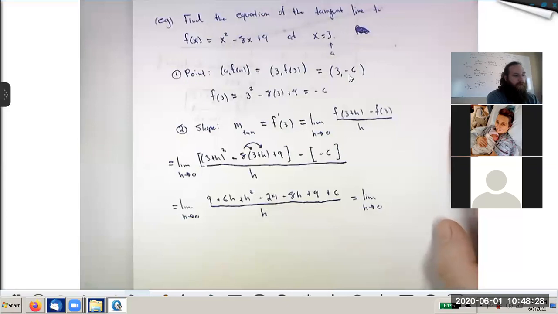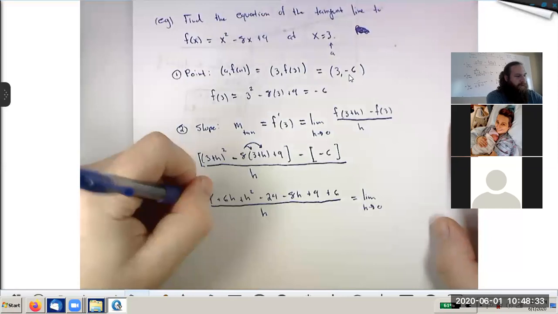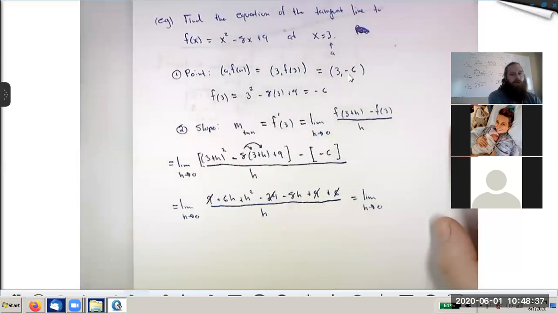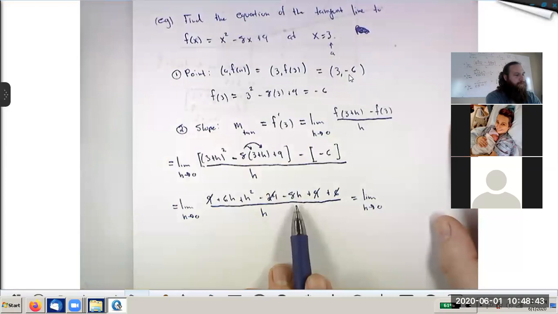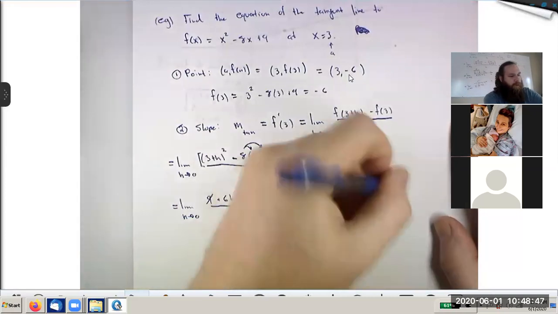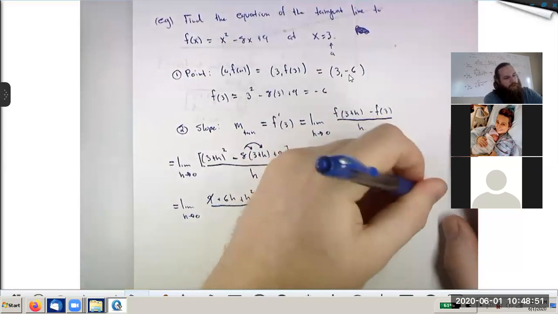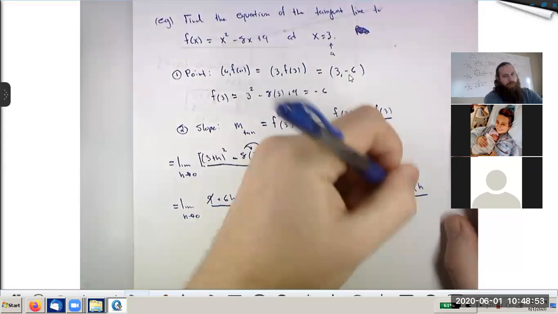So what survives? I've got this 6h, so I'll cross off the guys that cancel to 0. Those things cancel to 0. Everything else that's left, I've got 6h minus 8h, that's minus 2h, and I've got this h squared. So I have h squared minus 2h all over h.